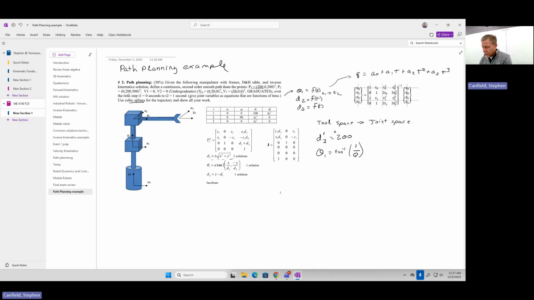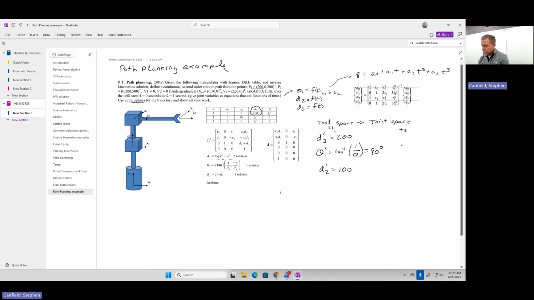I know that happens at 90 degrees. So theta 1 is 90 degrees. And then finally, D2 at time 1 is z minus D1. So that's 200 minus D1. D1 is right here. So that's 100. That's at T1.